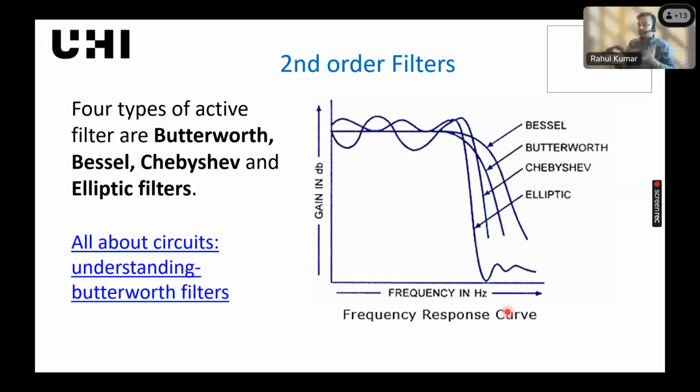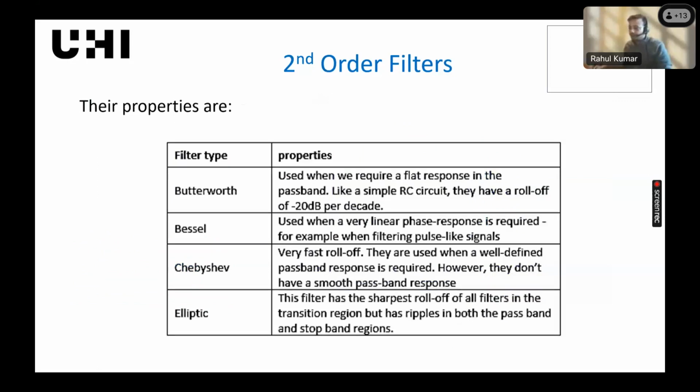Right? So you have to choose between these based on your application. No need to memorize this. It's just an illustration that we have different types of second order filters, or more than two pole filters.